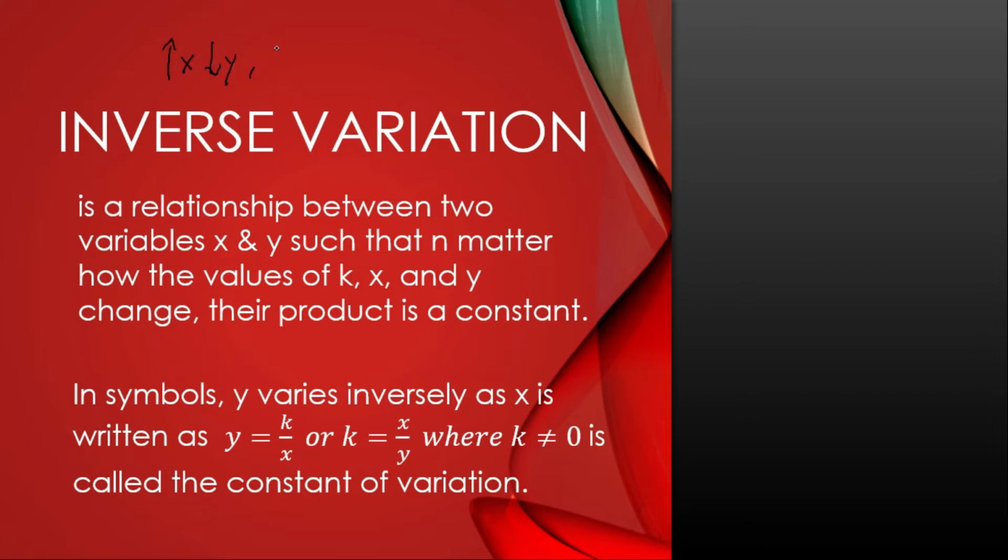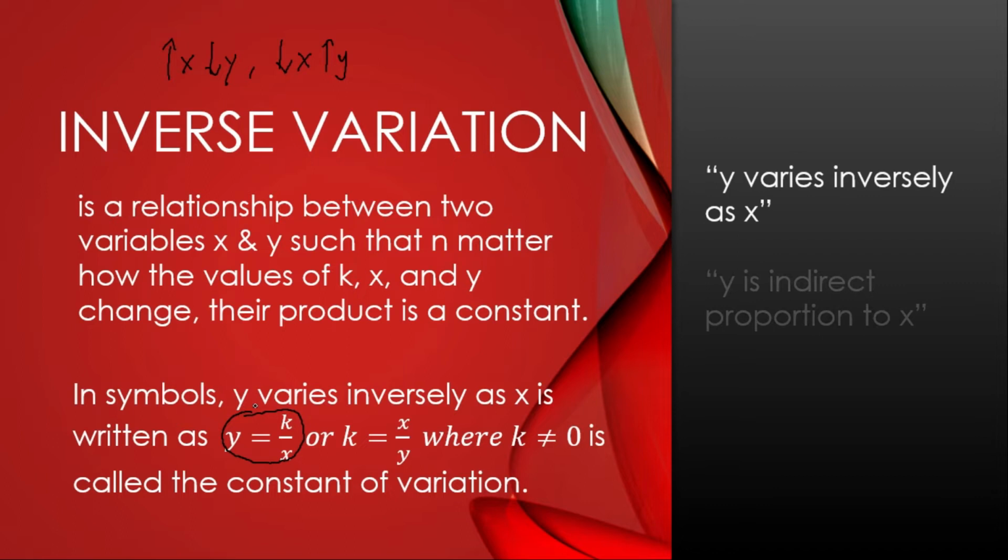Kapag nag-decrease naman yung x natin, mag-increase yung ating y. So, baligtad tayo dito sa ating inverse. Ang formula natin for the inverse will be y is equal to k over x. Yan yung gagamitin natin para malaman yung mga variation statement for the future given problem.